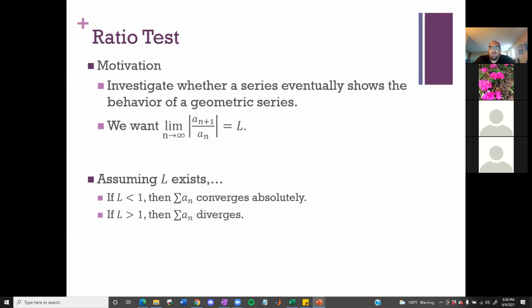If the limit's bigger than 1, the series diverges. And here's the case you don't want to run into. If the limit is equal to 1, then you got nothing. You have to try some other test to figure out whether your series converges or diverges.